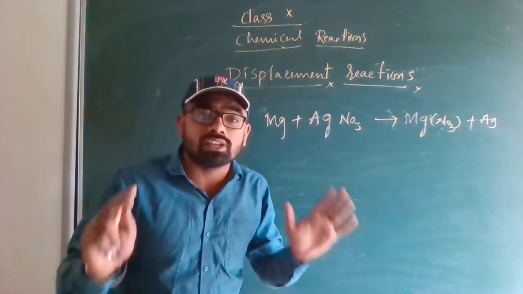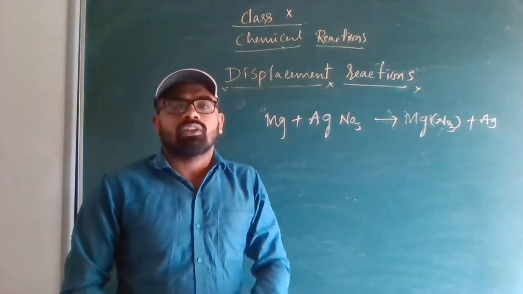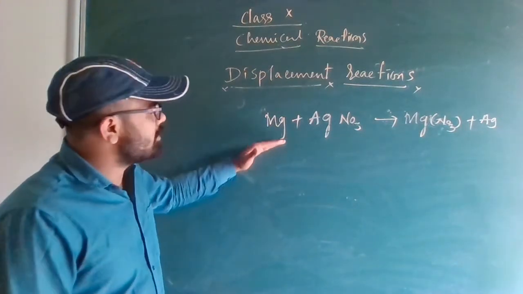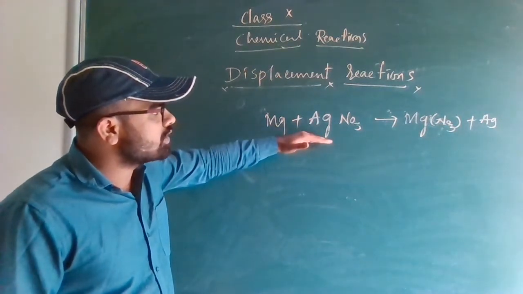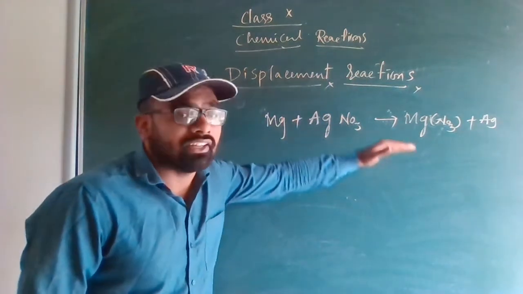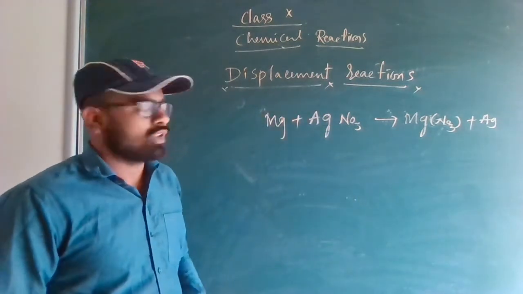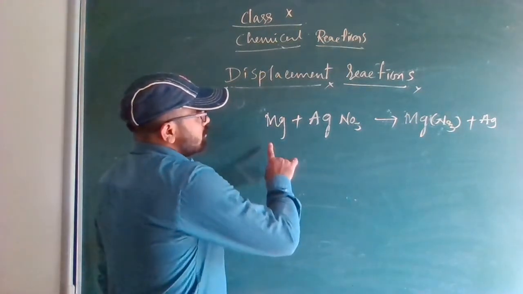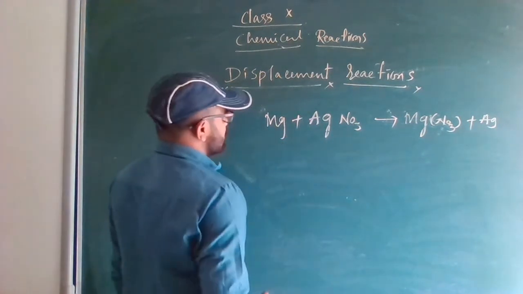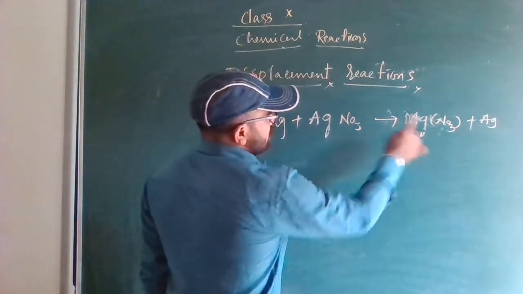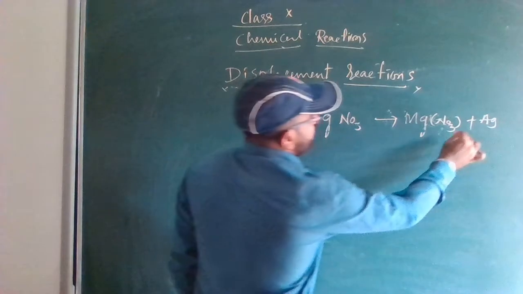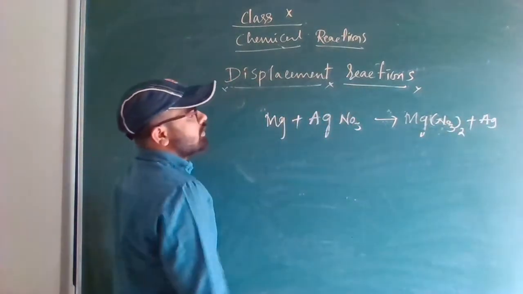Ag means silver. The formula of silver is Ag. So magnesium displaces Ag from its nitrate solution. Now I have to balance. 1 Mg, 1 Mg, not a problem. This should be Mg(NO3)2.